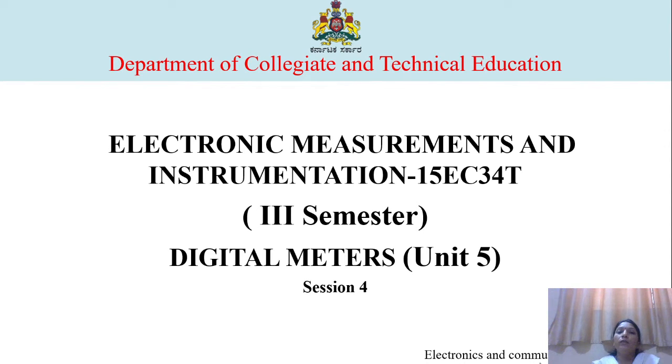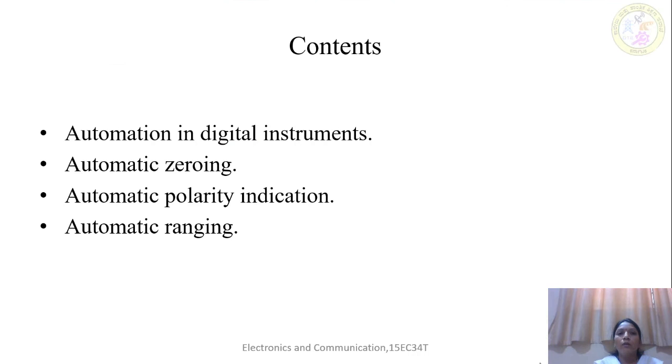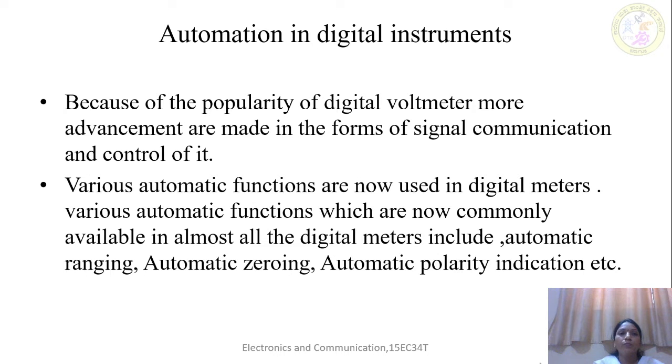In that, ramp type DVM and successive approximation type DVM were studied. In this session we will study automation in digital instruments: automatic zeroing, automatic polarity indication, and automatic ranging. Let us study one by one.